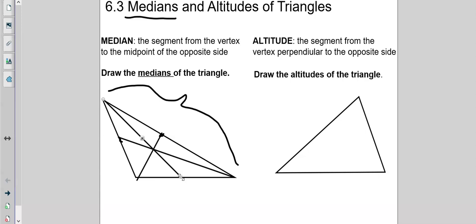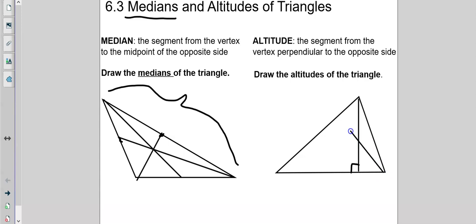Then we have an altitude. That is a segment from the vertex perpendicular to the opposite side. So in this case, we're drawing straight, you could say straight down, but it's going to be coming in at a 90-degree angle. Okay?